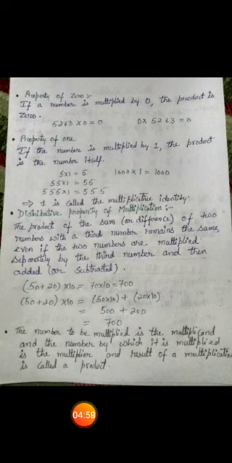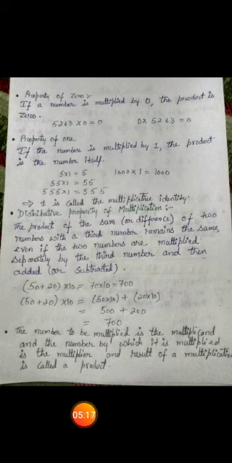Let's start with an example. 50 plus 20 in brackets into 10: first we add 50 plus 20, which gives 70, and then multiply with 10, which gives 700.